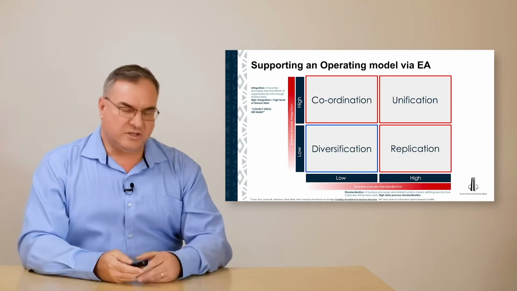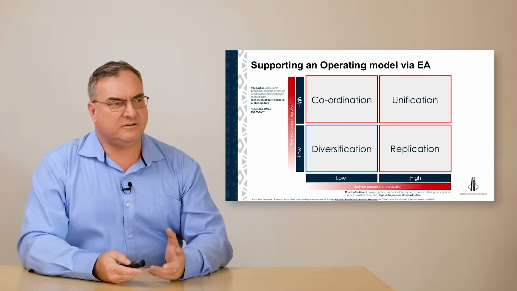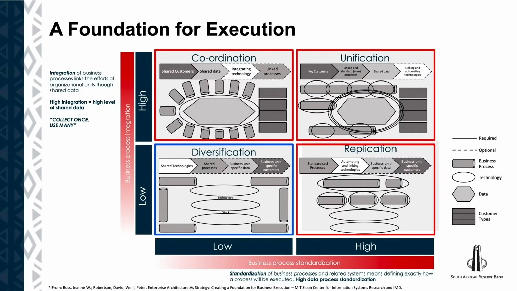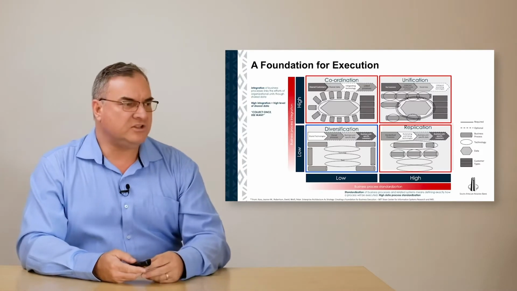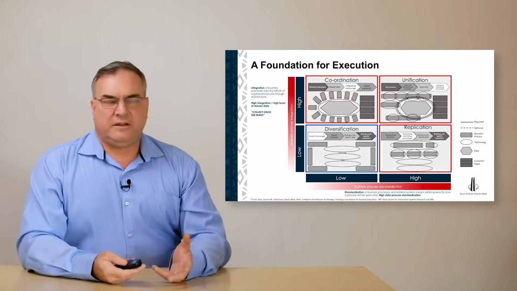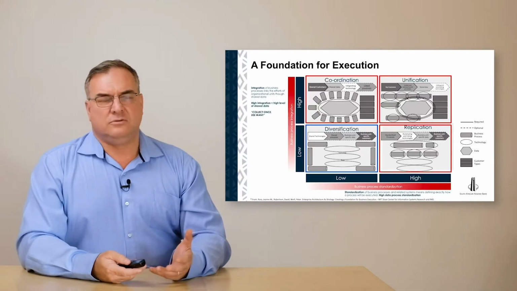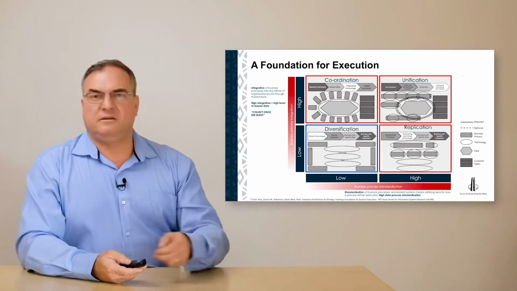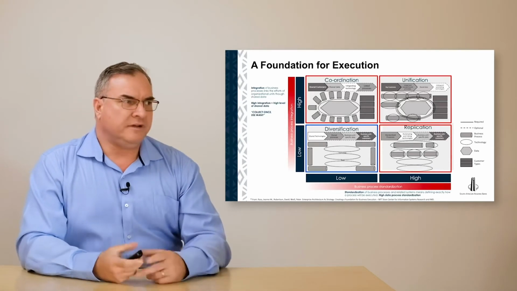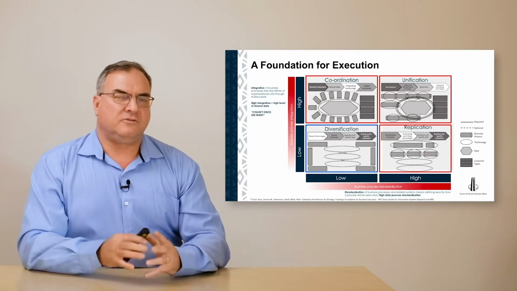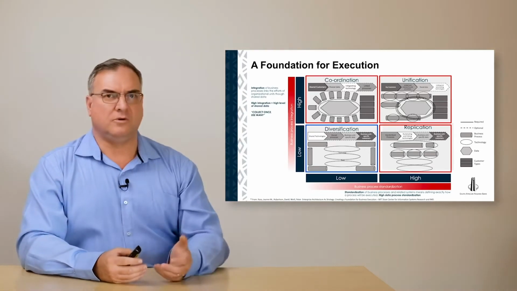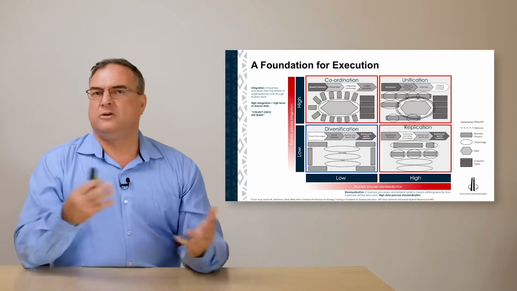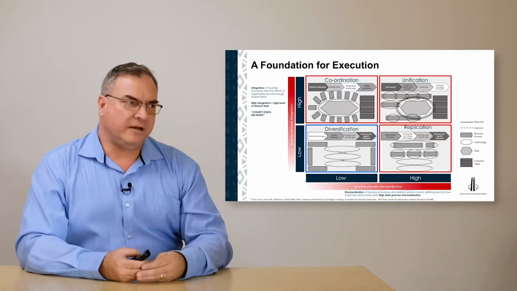We used this and decided to leverage it by looking at the varying levels of process or data or technology conformity, integration and standardization across the landscape as per their work, but then realized that we could apply this to a business capability perspective, to a technology perspective, and really try to understand how the level of business integration or technology standardization could be consistently applied as a zoning paradigm.